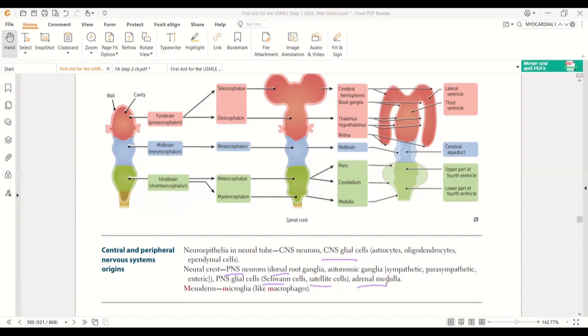Mesoderm gives rise to microglia, which are the macrophages. We already discussed the function of the macrophages, microglia, and they form giant cells in HIV associated dementia.